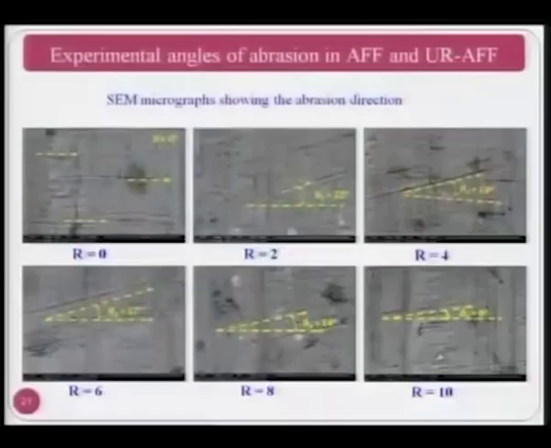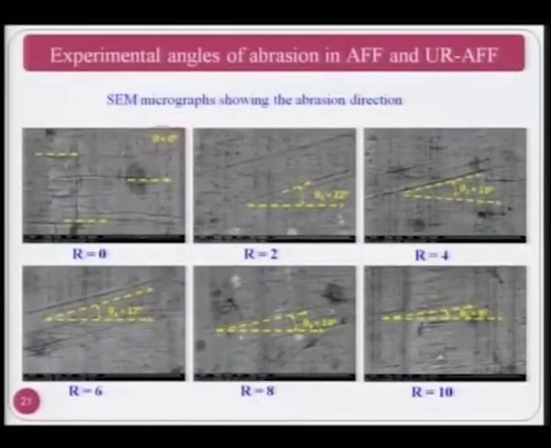Now you can see here the material is being removed at 0 degree, and that means it is very close to, or really it is, the abrasive flow finishing process, while in the following figures theta 1 is 20 degree, in another case 19 degree, then 17 degree, 14 degree and 9 degree.